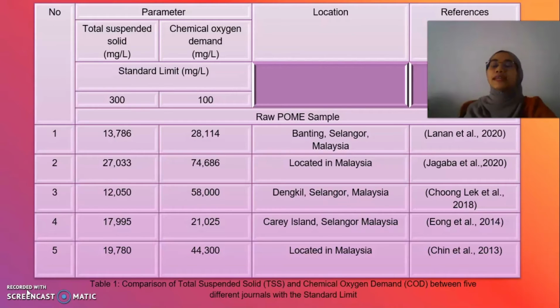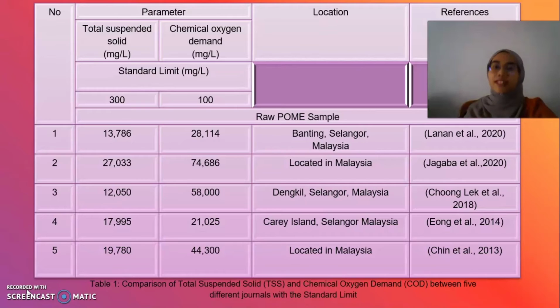In addition, the differences in concentration may be caused by the use of various wastewater sources. This can be affected by different batches, quality of the palm fruit, differences in the cropping season, and the climate.